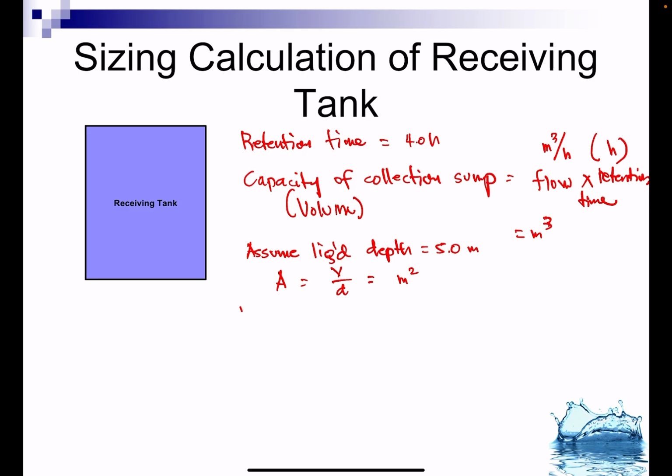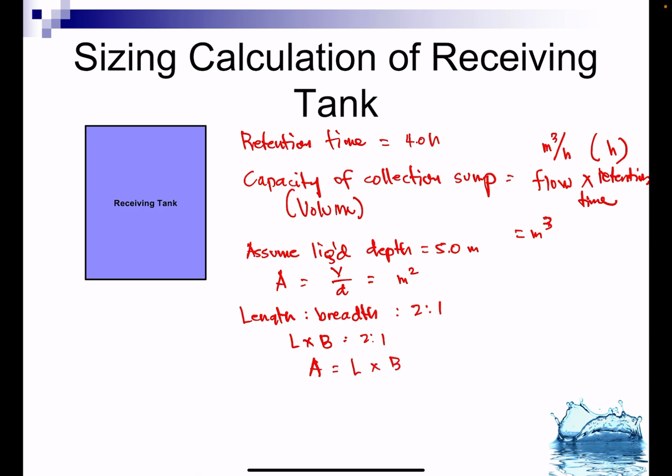And then, based on design premises, the length to the breadth ratio is always 2:1. So just show L times B, we just have a ratio of 2:1. Knowing your area, diba? Area is just length times the breadth.